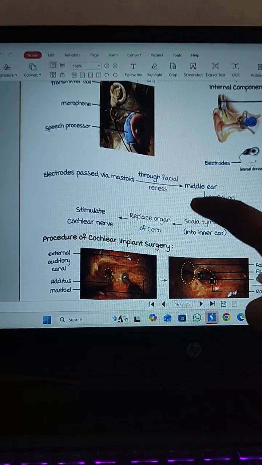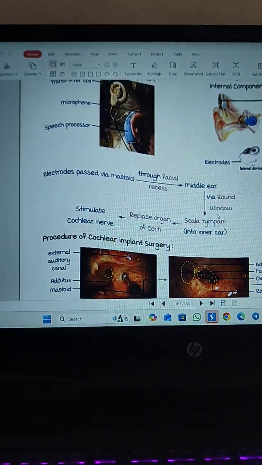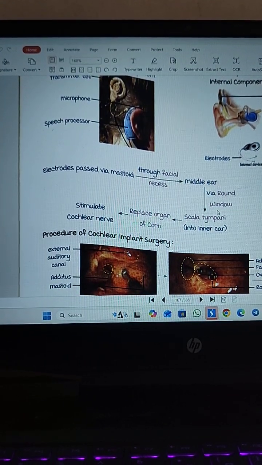This replaces the organ of Corti and can stimulate the cochlear nerve. So these are the external and internal components of the cochlear implant.